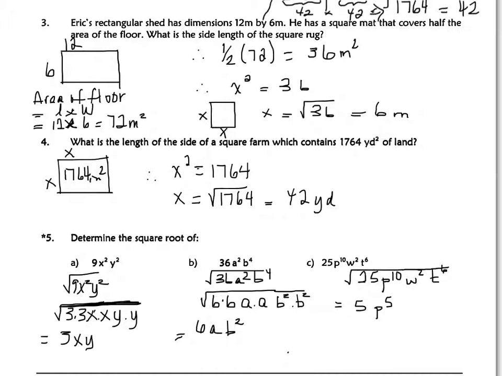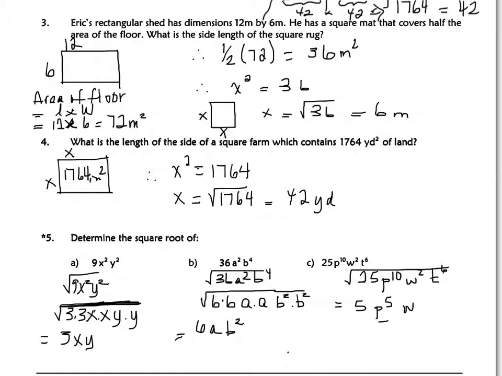If you look at what we did before, a squared was a, b to the 4 was b squared, half the exponent. So p to the 5 times p to the 5 is p times p five times, and again five times, so it adds up to p to the 10. So that should be the square root of p to the 10.